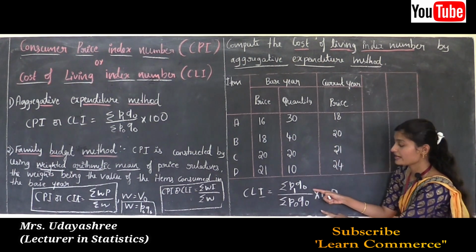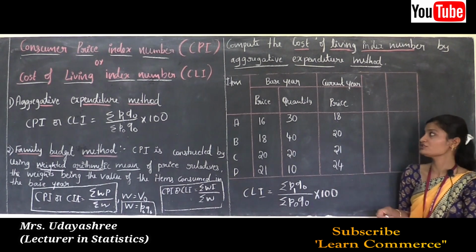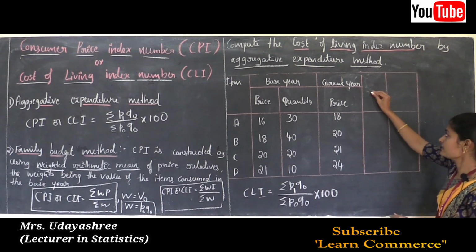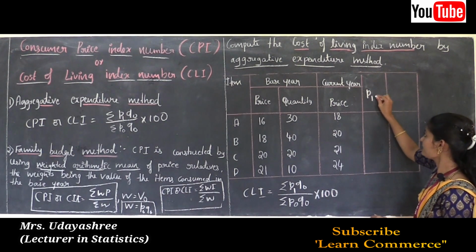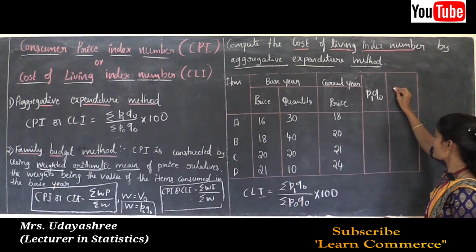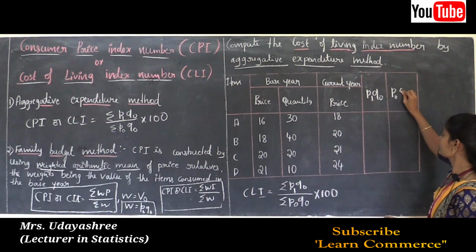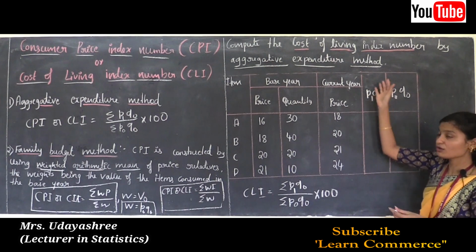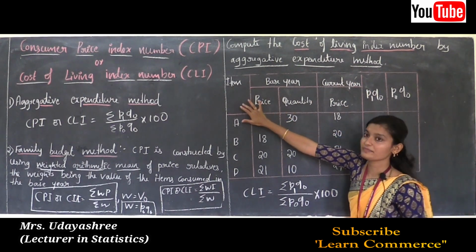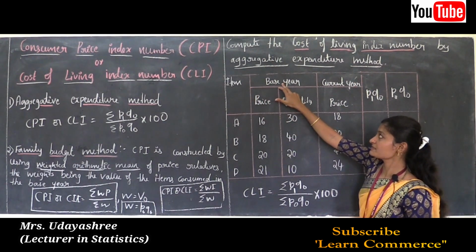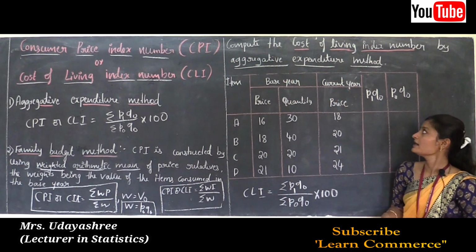Now, based on our formula, we need to generate two more columns, that is P1 Q0 and P0 Q0. The given observations are: the first column is item, the second column is base year, and the third column is current year.